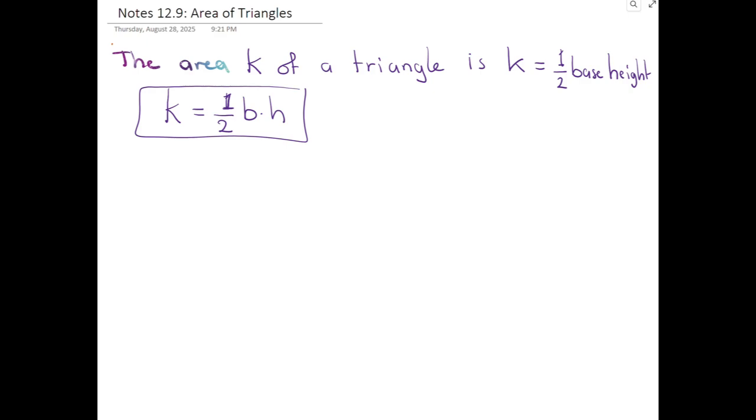So let's just draw a triangle, and just any triangle will do. And I'm going to now extend my triangle.